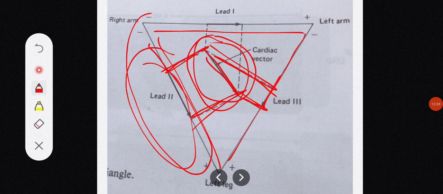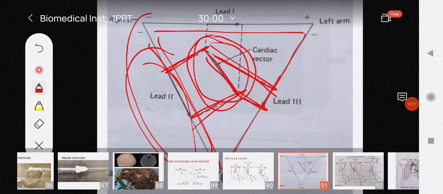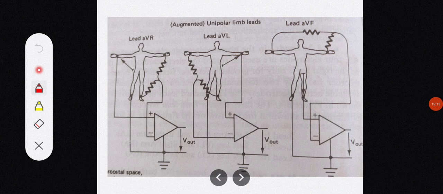Now the other leads, as you can see here, are of the unipolar type, which was introduced by Wilson in 1944. For unipolar leads, the electrocardiogram is recorded between a single exploratory electrode and the central terminal, which has a potential corresponding to the center of the body.